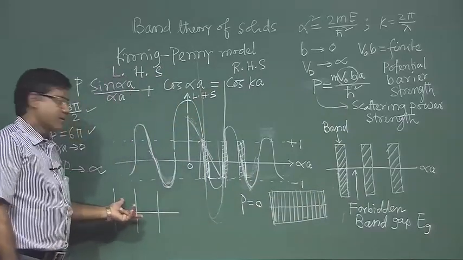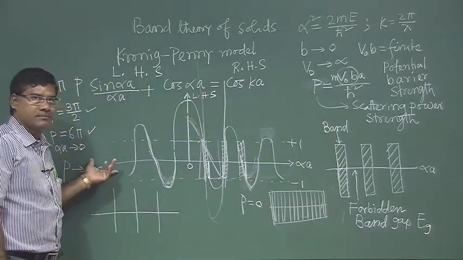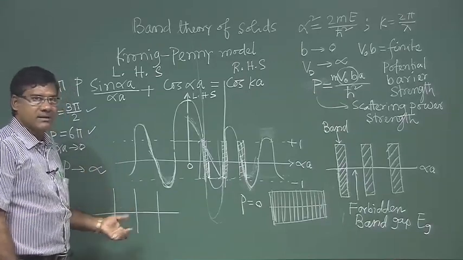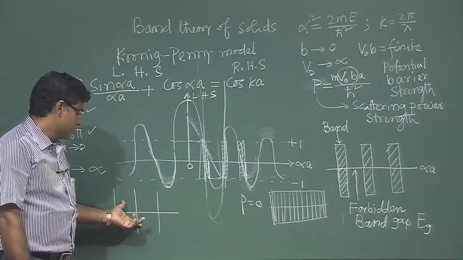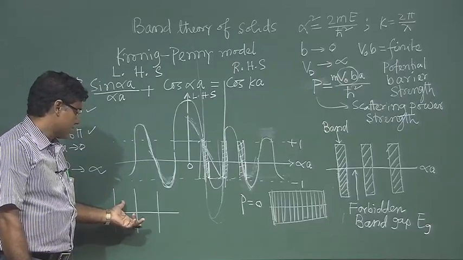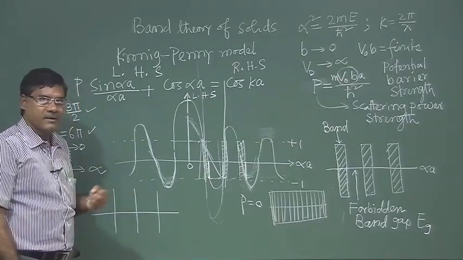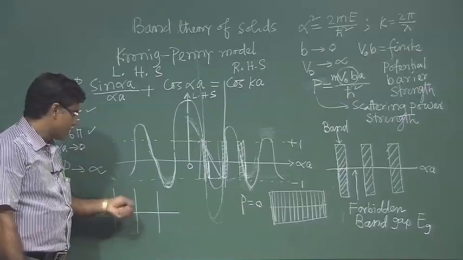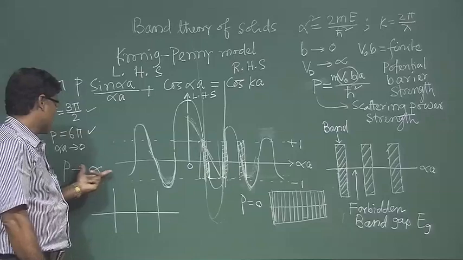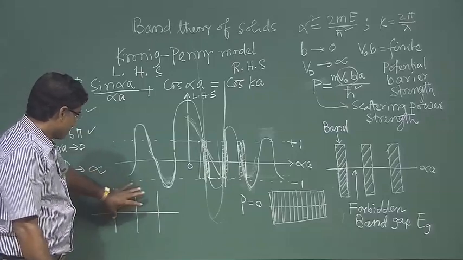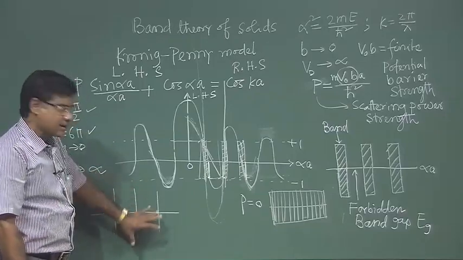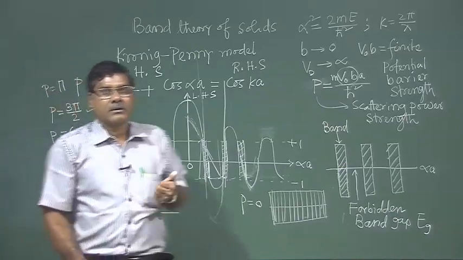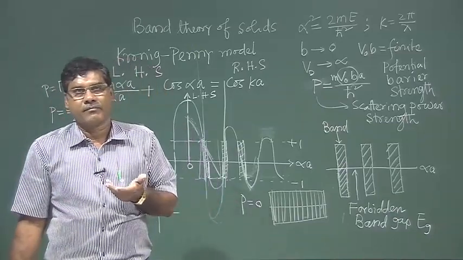And in this case when p is infinity, it is strongly bound with the system. So, people also call it the tight binding model when p tends to infinity. It is just like discrete energy levels as we have seen for an electron in an atom. Okay.